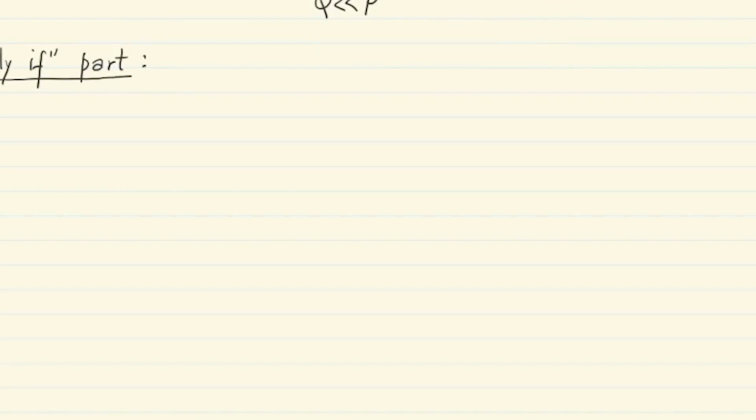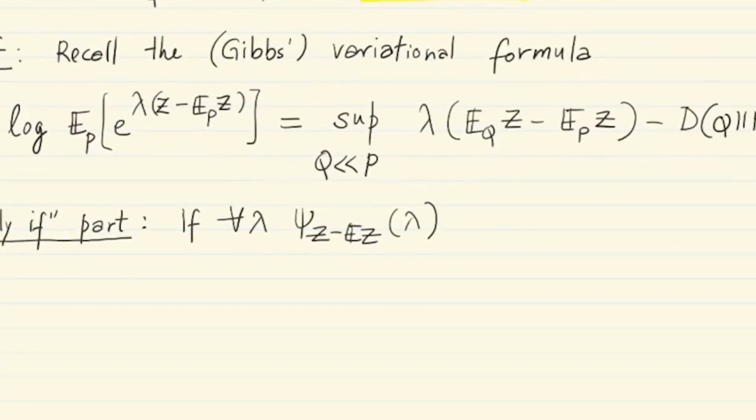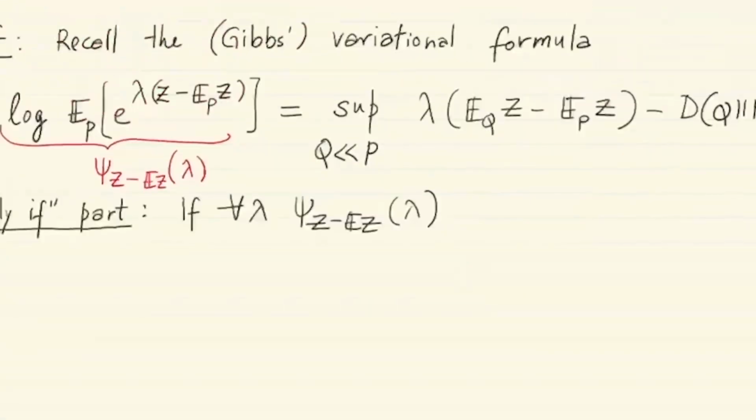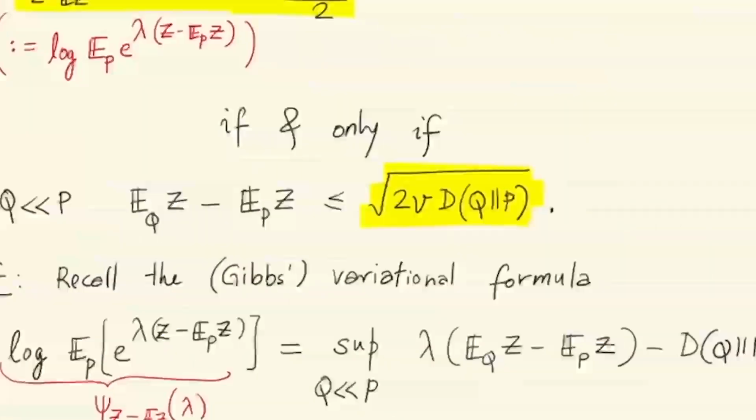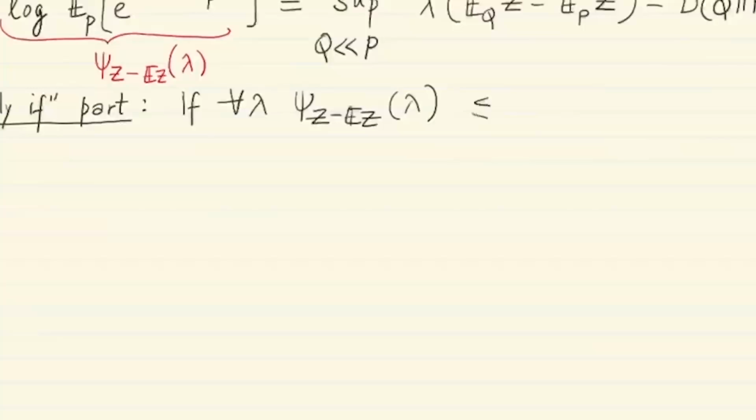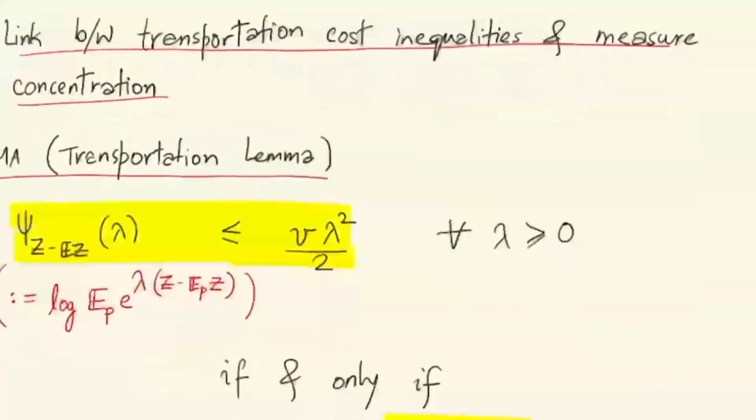So for showing the forward part, which is the only if part, or the necessity part, we assume that for all lambda the centered log moment generating function, right, so by the way, we will refer to the log moment generating function of Z minus EZ under P as this psi function, is bounded for all lambda by v lambda squared by 2, which is the first statement here.